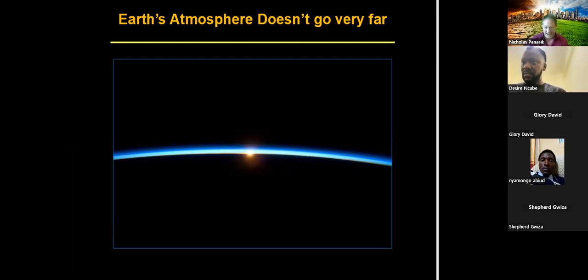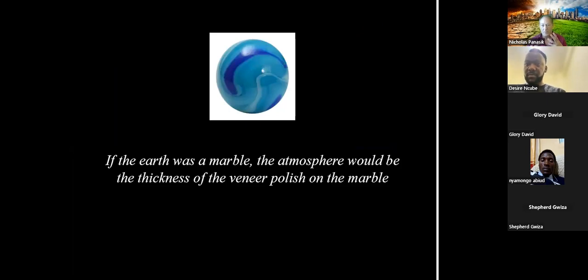And the last thing I'd say on that is if the Earth was a marble, the atmosphere would be the thickness of the polish that they put on the marble. Okay? It may go up a few hundred kilometers if you're talking about the exosphere, but relative to the size of the Earth, the radius or diameter of the Earth is much, much, much larger, right? Okay.